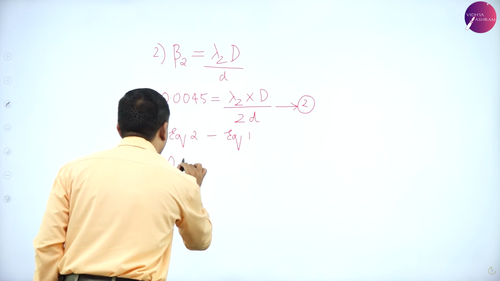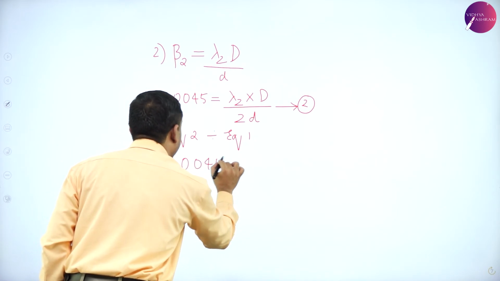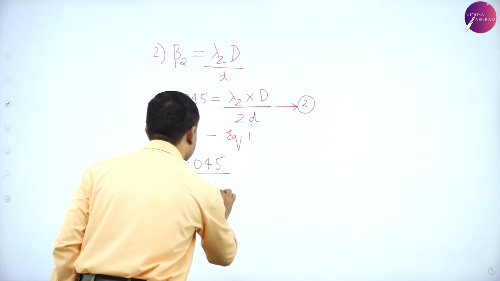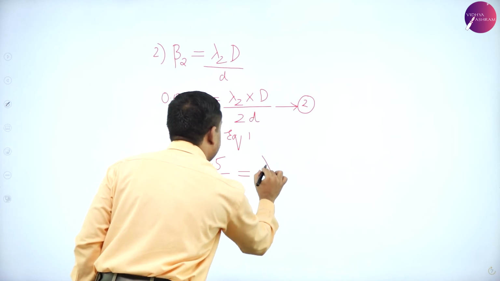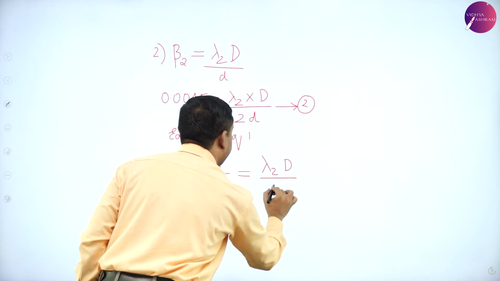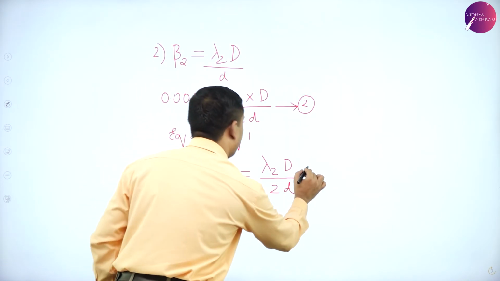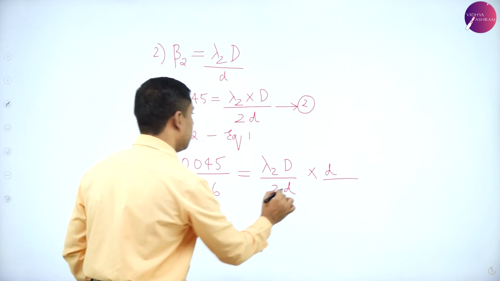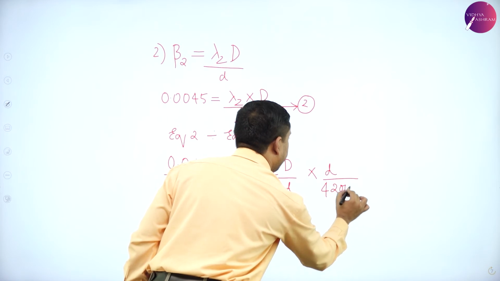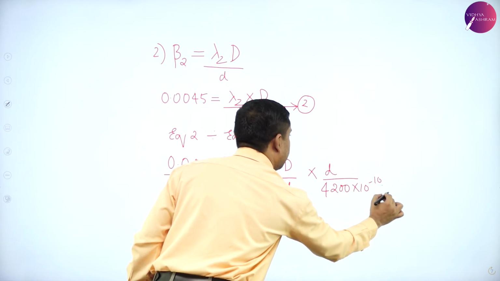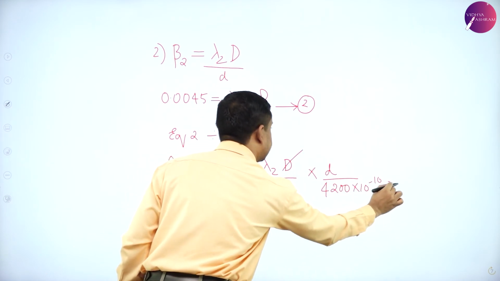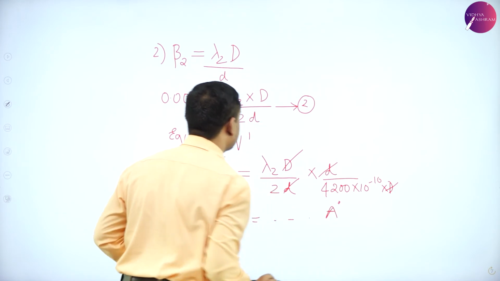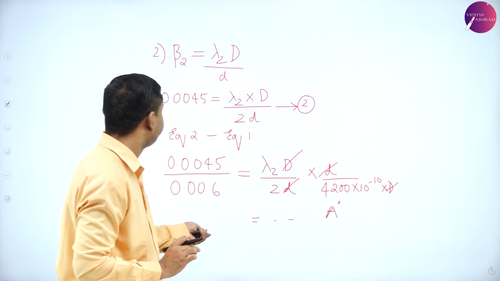Equation 2, 0.0045 divided by 0.006 equals lambda 2 D divided by 2d into d divided by 4200 into 10 power minus 10 into capital D. D gets cancelled, small d, simplify, so many angstroms will be the answer.